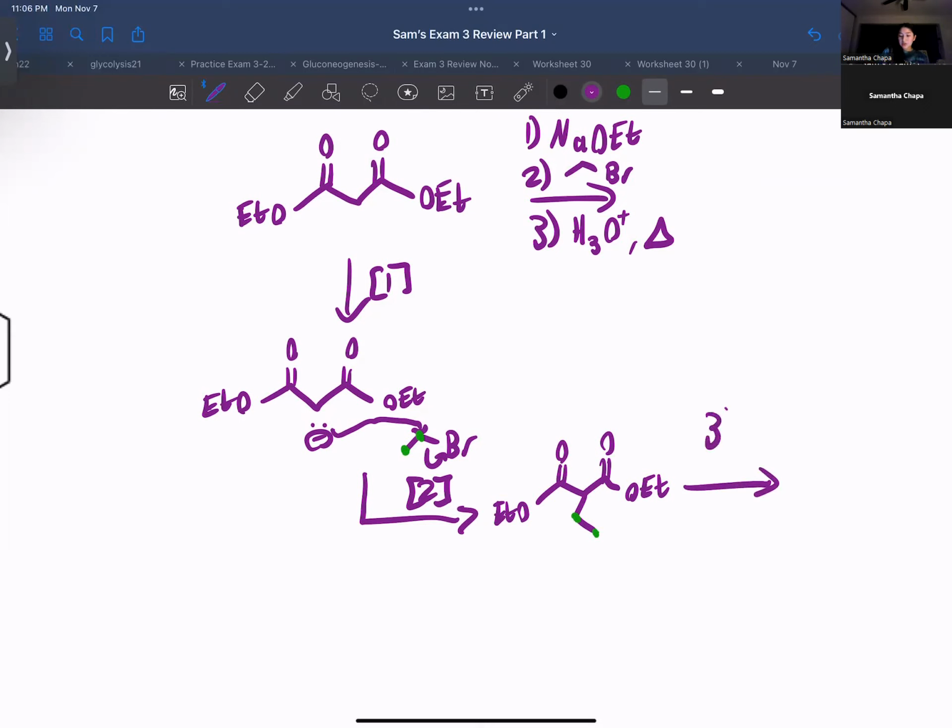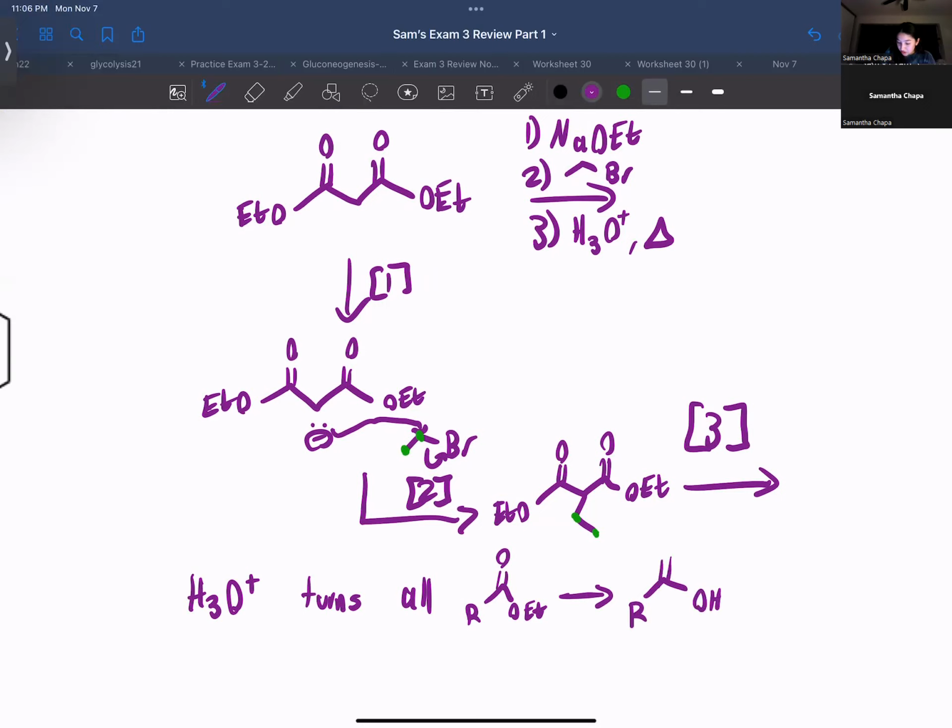For step number 3, there's kind of two things that you should know. So for H3O+, what that does is it turns all ester groups into carboxylic acid groups. So if I have 2 ester groups, all of them are going to turn into carboxylic acids. If I only have 1 ester group, that one turns into a carboxylic acid.